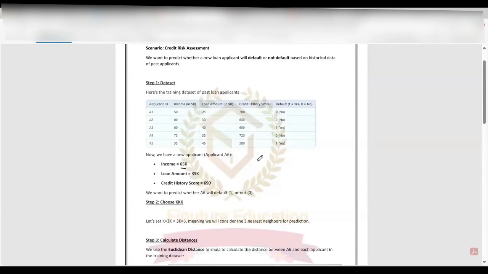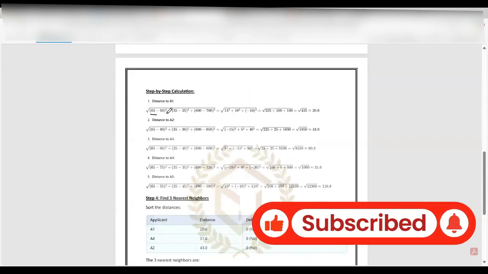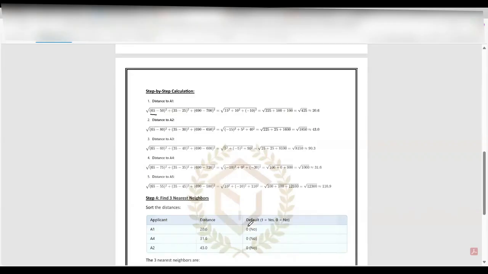Likewise for other variables like loan amount and credit history. We are calculating the Euclidean distance, if you recollect from our earlier class. So the Euclidean distance is 20.6 here for the distance to A2 for the new point that you are interested in, and to the second point in your training data set. You calculate this Euclidean distance for all, because you are interested in 3 nearest neighbors.